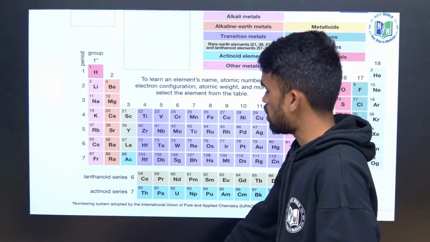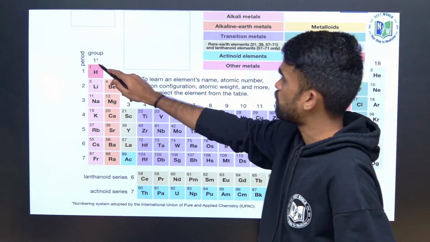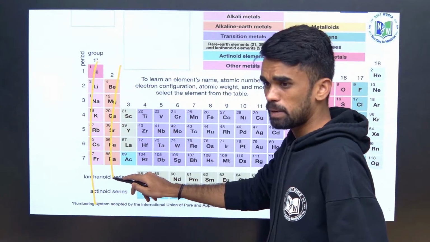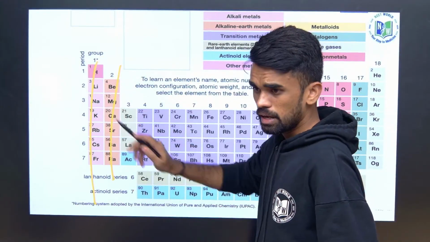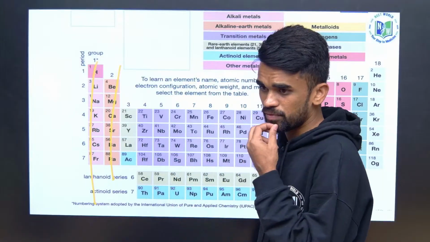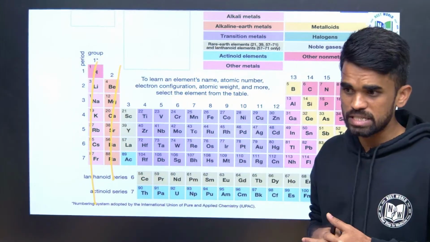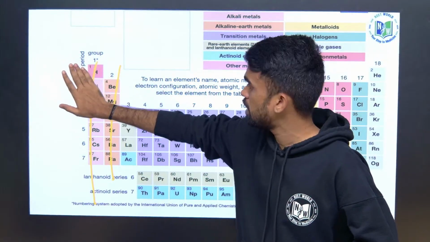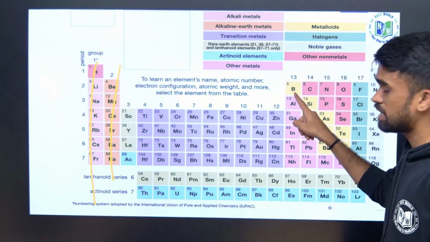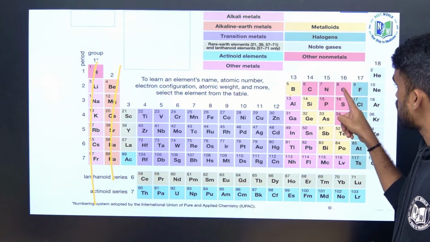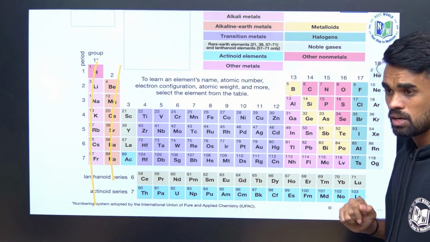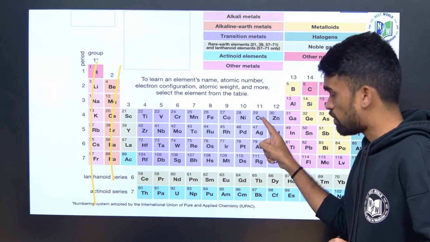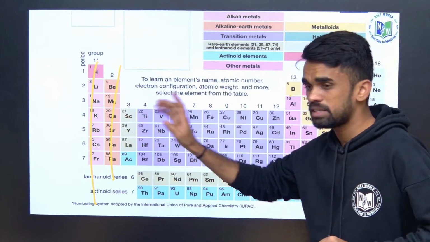So these are first group elements, these are second group elements. Now there are 2 types of classification. Mendeleev's classification called these 1A, 2A, 3A, 4A, 5A, 6A, 7A, and this is 1B, 2B, 3B, like that.